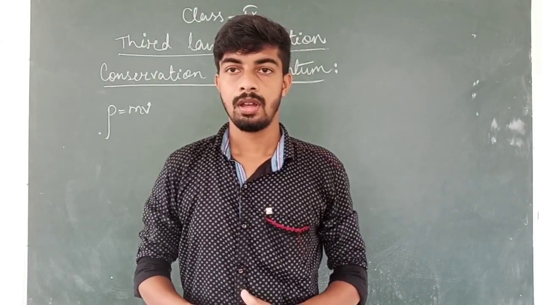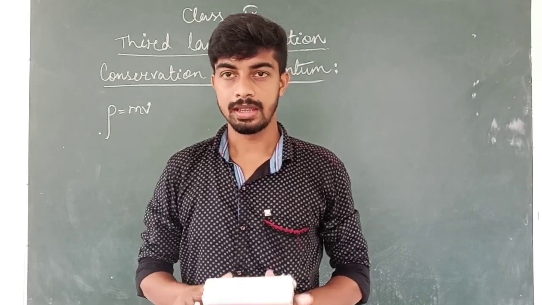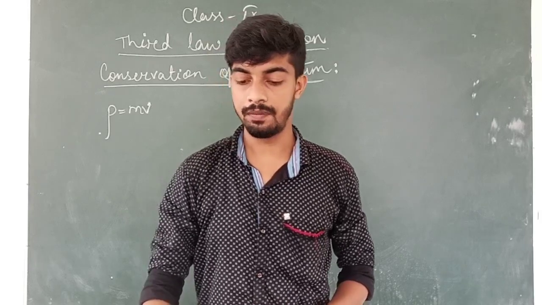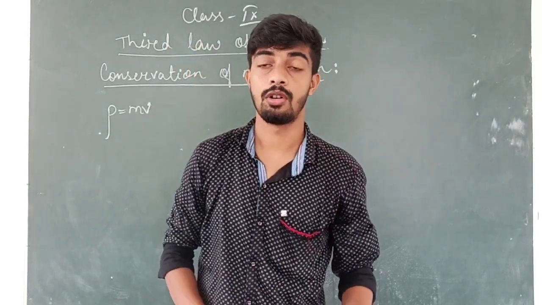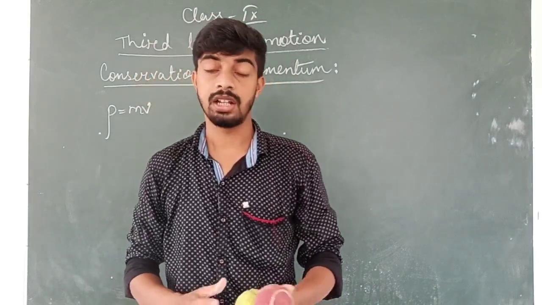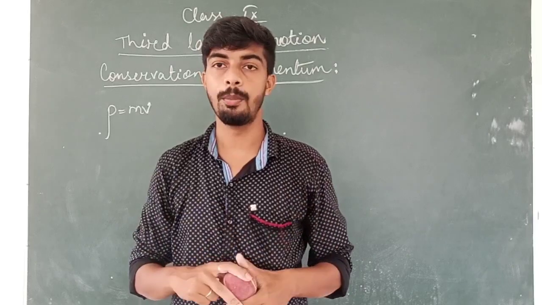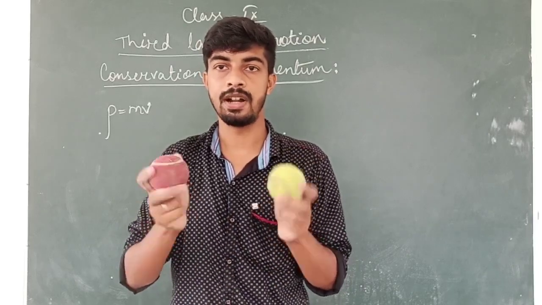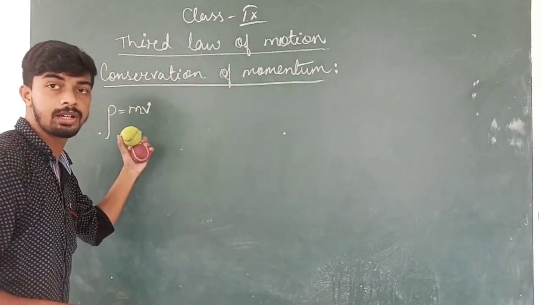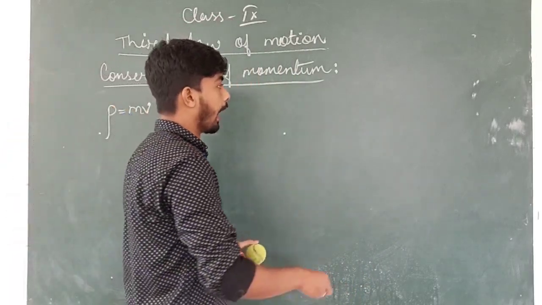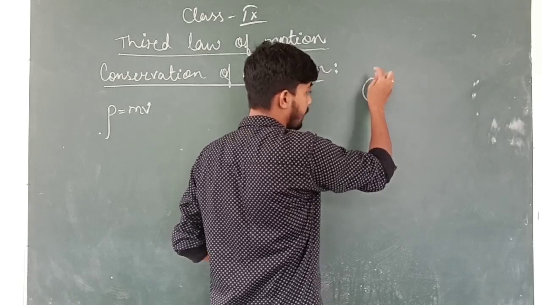According to the conservation of momentum, there is an activity given in your book. In this activity there are two spheres or two objects of different mass. We wrote momentum equal to mv, and we have two separate objects.